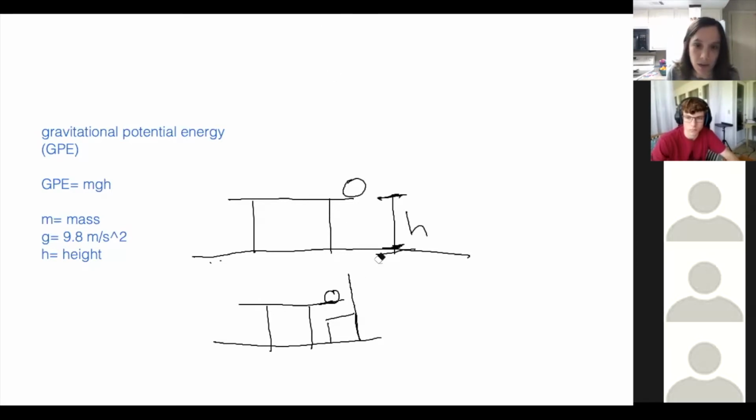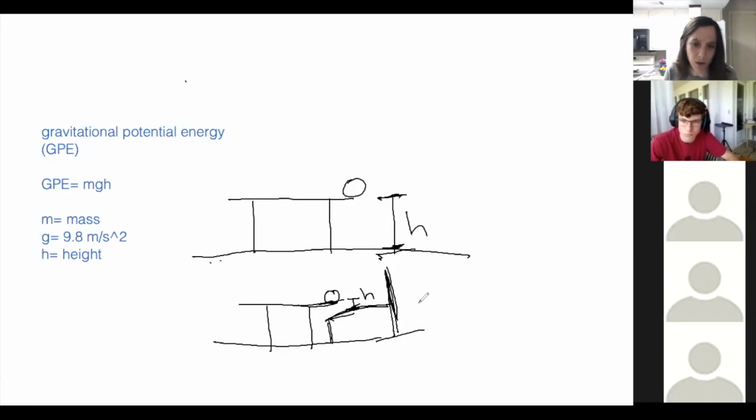I'm going to erase that to make it easier to see. Well, that's even worse, but anyway, this is supposed to be a chair right here. It's supposed to be a table. So the ball could go from this part of the table to the chair. And so we could define height that way, from where the ball would go from the tabletop to the chair.